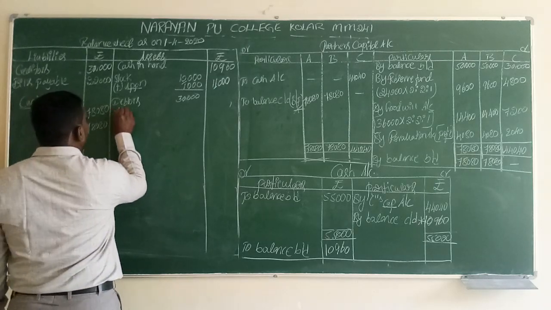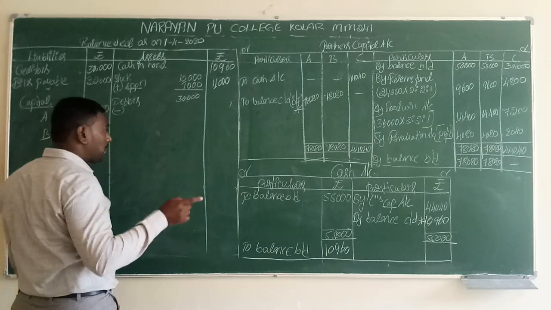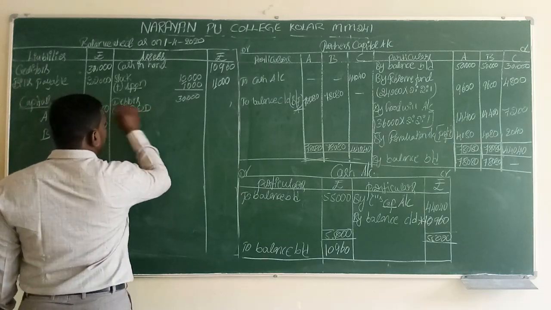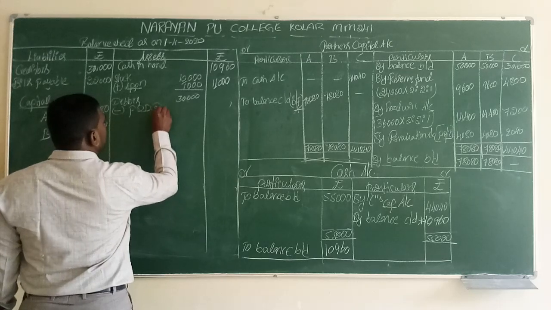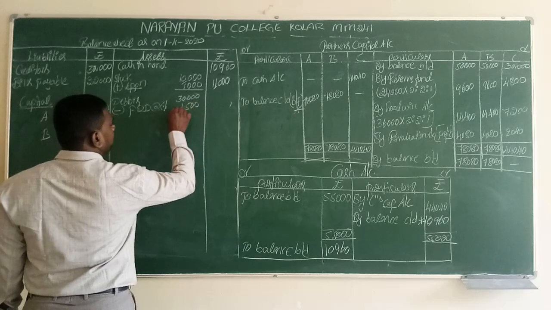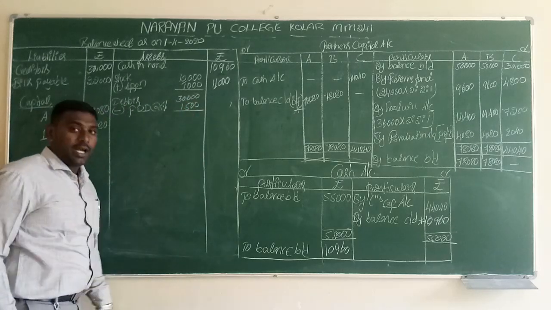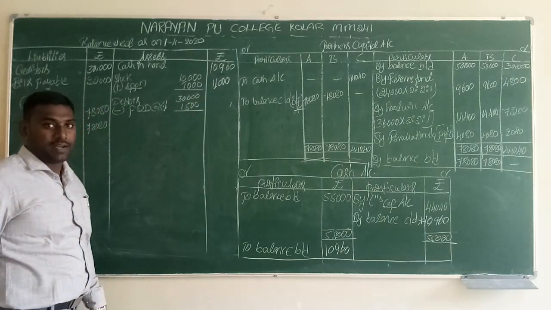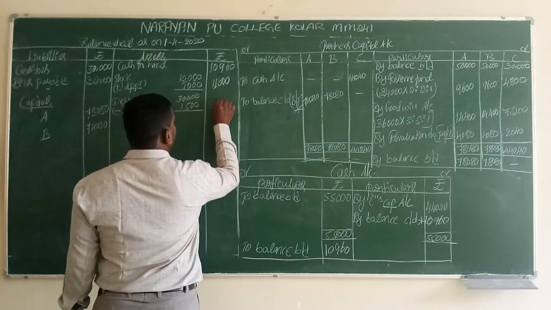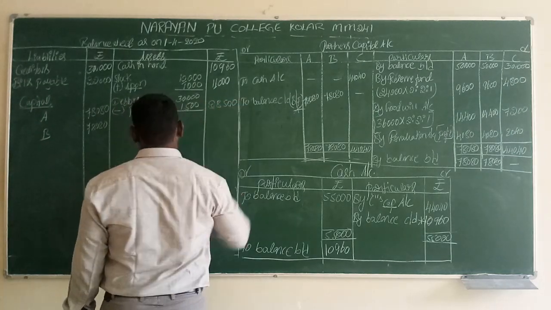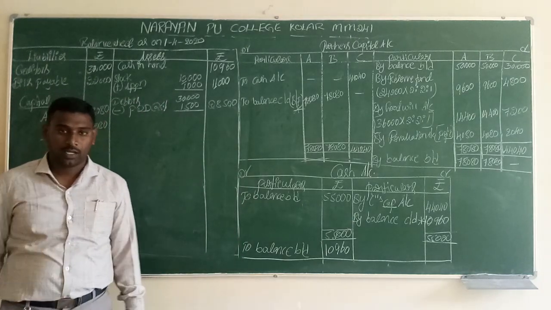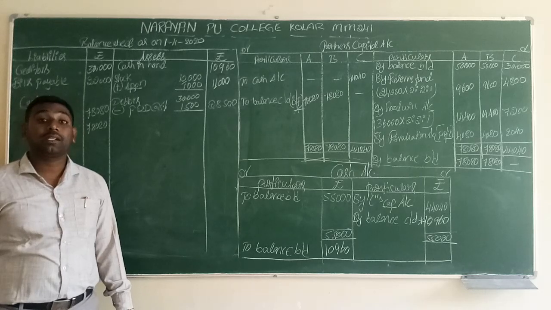PDD is a provision for doubtful debts, an expense, so it is always deducted. 5% is 1,500. 30,000 minus 1,500 gives 28,500. 28,500 is the present value we have to show.